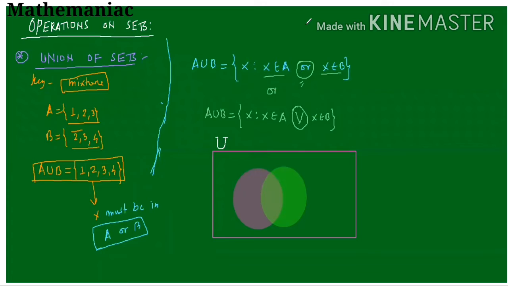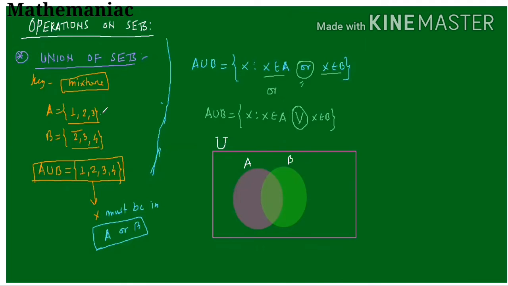Like this means there must be some overlapping, because you see the examples, there are some common elements. So whenever you take a union, make sure that there is place for common elements. So this can be marked as A, this can be marked as B.